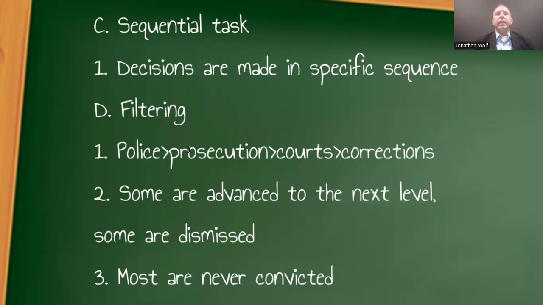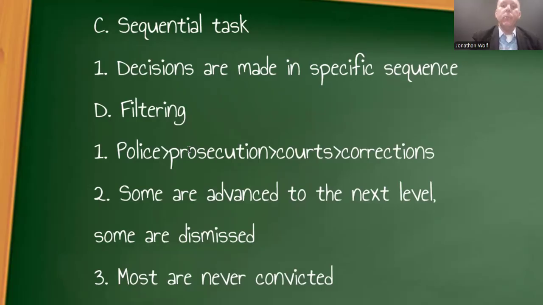That means that when you go to a county court or court of common pleas, some cases progress through the court system, and it can be a very lengthy process, especially if it's a serious crime. Some are dismissed. Some cases do get dismissed, and most people are never convicted of all of the crimes that police charge them with.